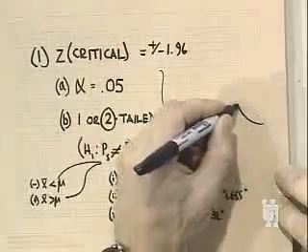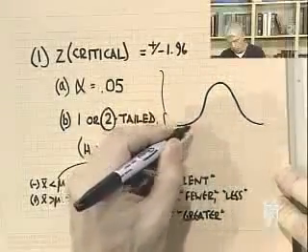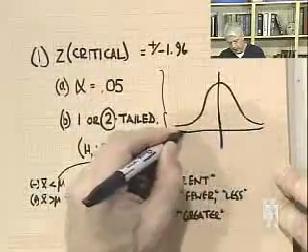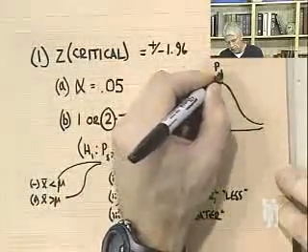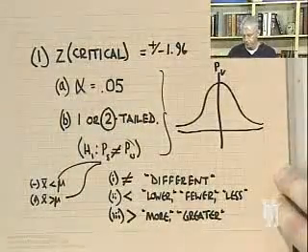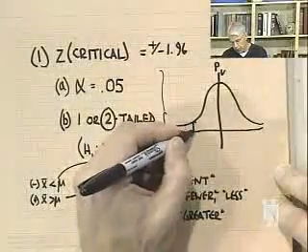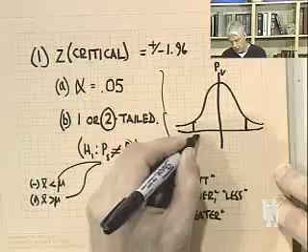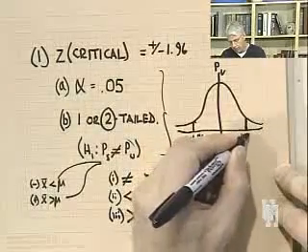Here's the sampling distribution of sample proportions. At the center of that distribution is P subscript U. You have now gone 1.96 standard deviations below the mean and above the mean.